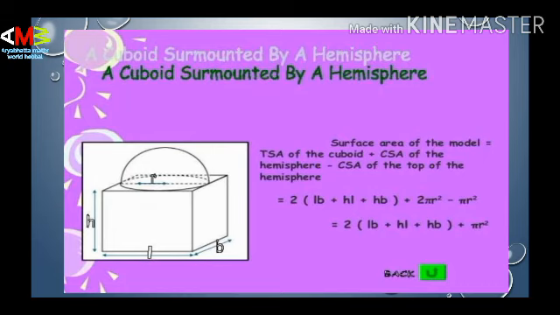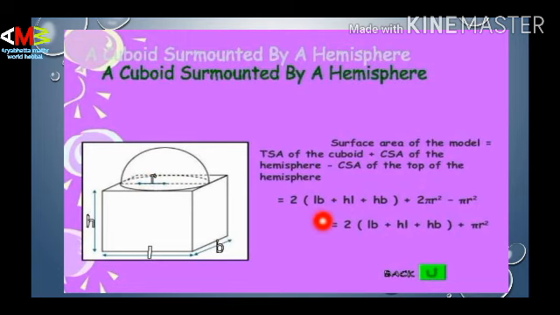Next we go to the cuboid surmounted by a hemisphere. Here a cuboid is there, surmounted by a hemisphere. The surface area of this model is TSA of cuboid plus CSA of hemisphere, and also we have to remove the base of the hemisphere, because the base is common to the cuboid and hemisphere.